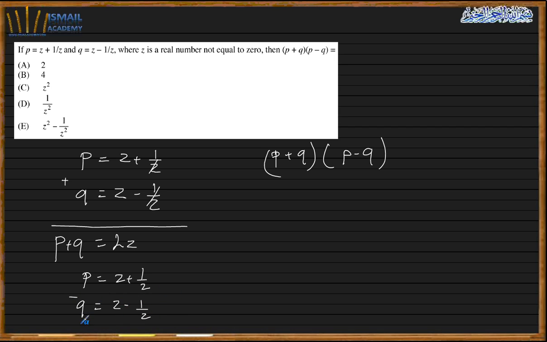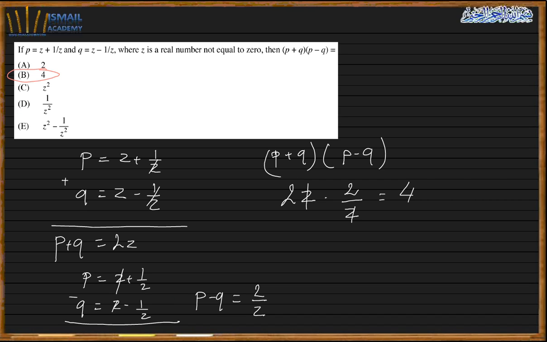If I subtract those two, the z cancels out and the minus becomes positive, so it's going to be 2 over z. So in fact we have 2z times 2 over z. If I cancel the z, it's going to be 2 times 2, which is 4, which is B.